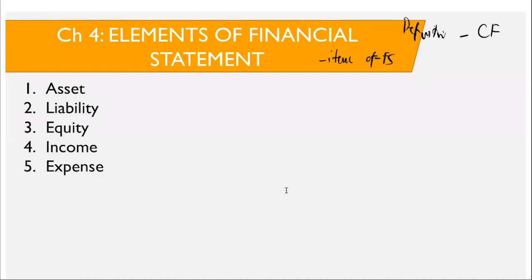First, asset. An asset is a present economic resource controlled by the entity as a result of a past event. So here, what are the important requisites again? It is an economic resource. Next, there is a presence of control, and it is a result of a past event.